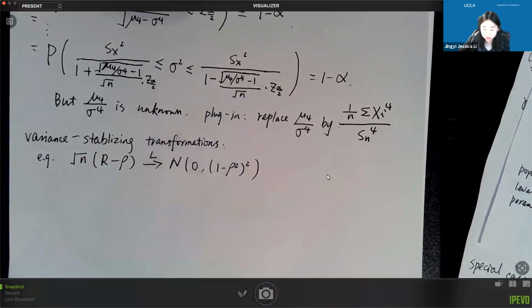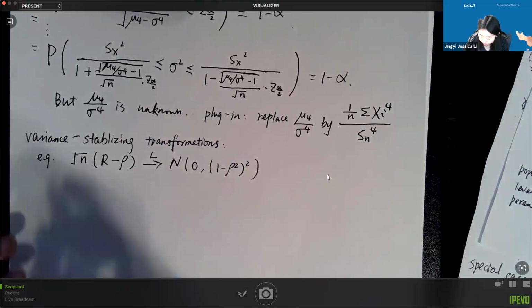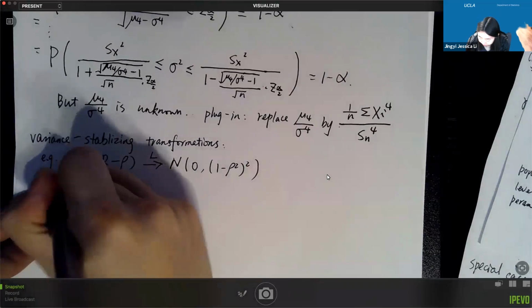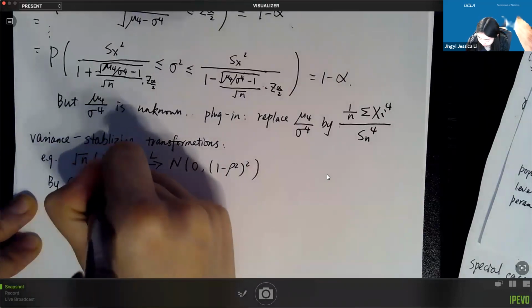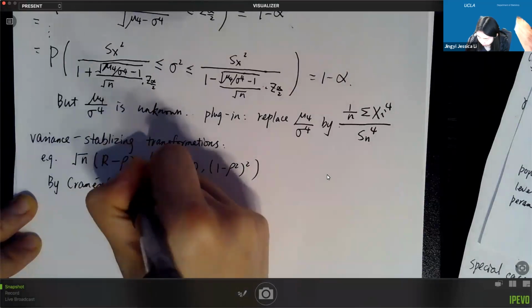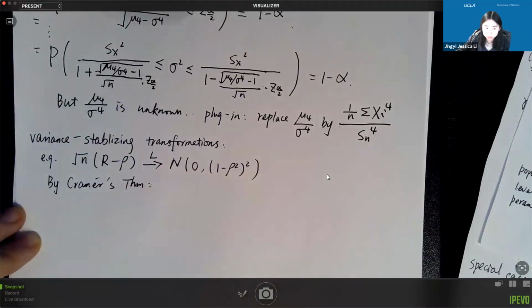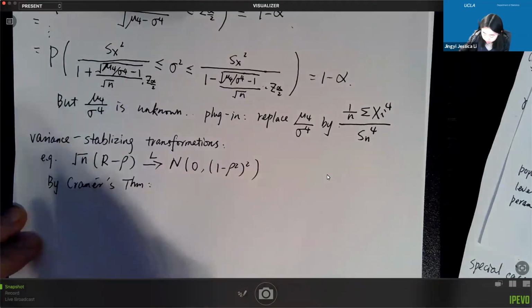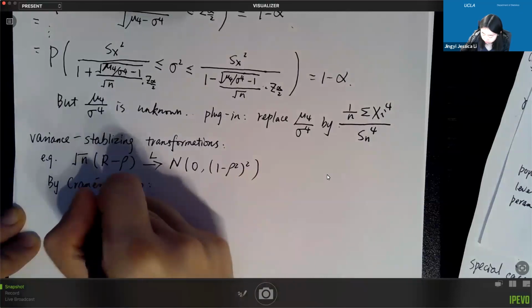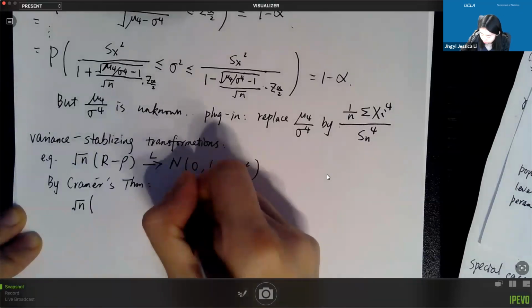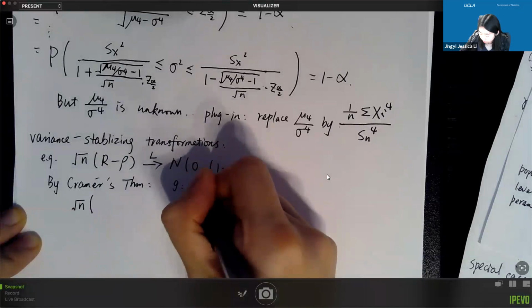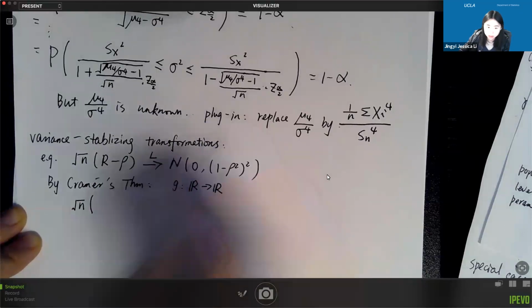So here we are going to apply Cramer's Theorem to help us. So here, by Cramer's Theorem, what we are going to do is to do transformation on R. So let's say that we have a function g that maps from R to R, okay?